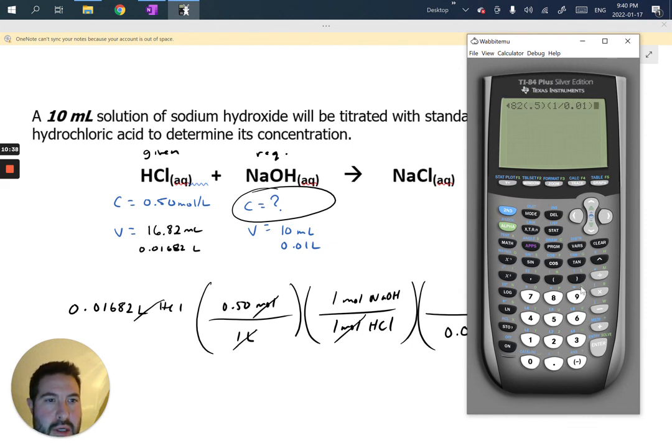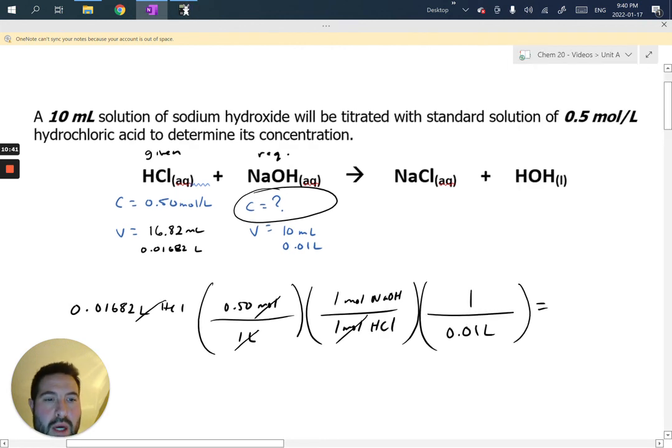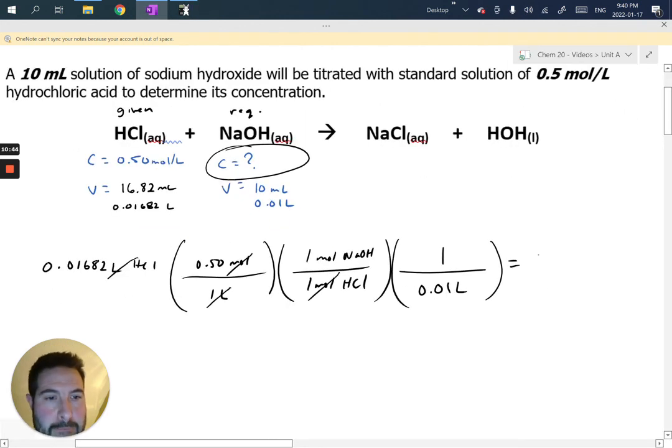That's 10 milliliters. And I get this answer, 0.841. So that turns out to be the concentration of my sodium hydroxide in this experiment.